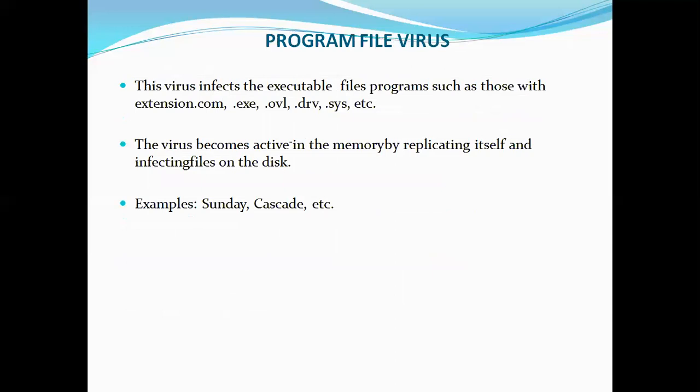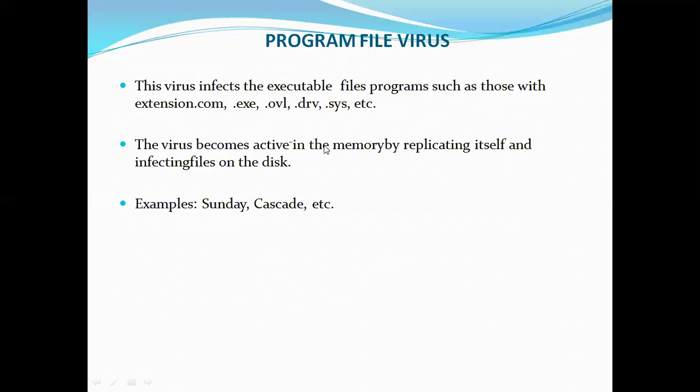Now this type of virus is very easy to remember because this virus infects only those files which end with these extensions, which are in front of your screen: .com, .exe, .ovl, .drv, .sys. So the files with these extensions are infected by this kind of virus.